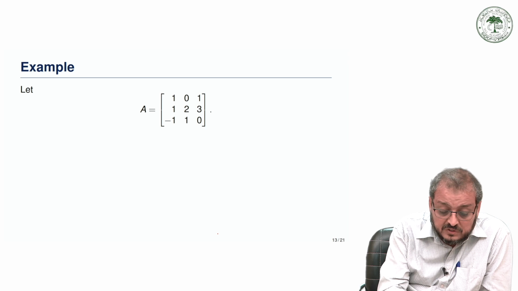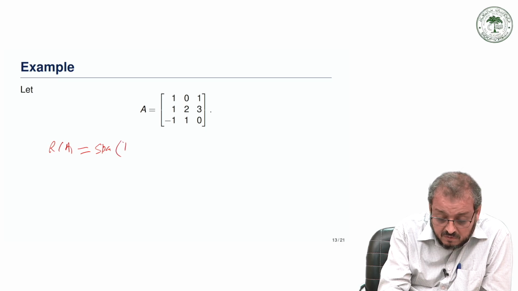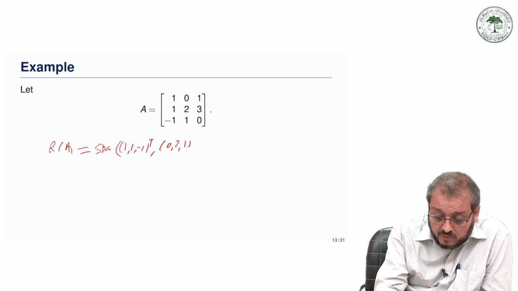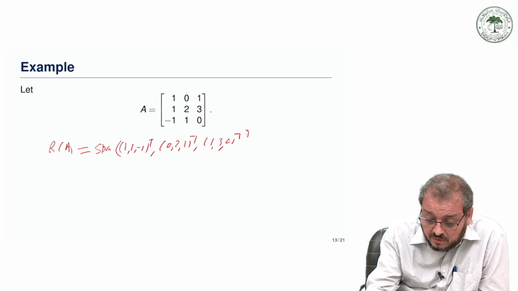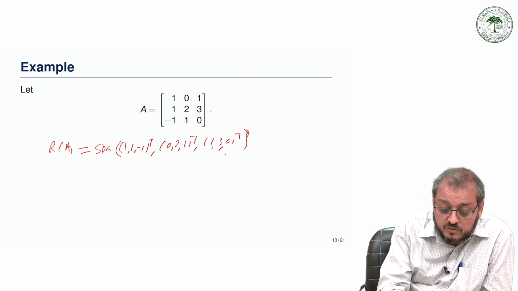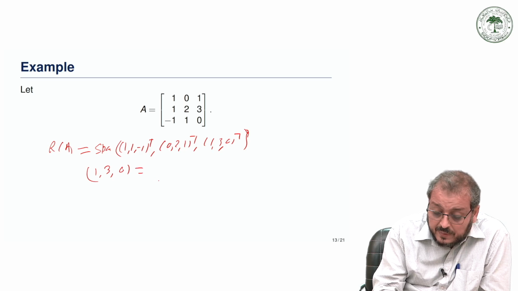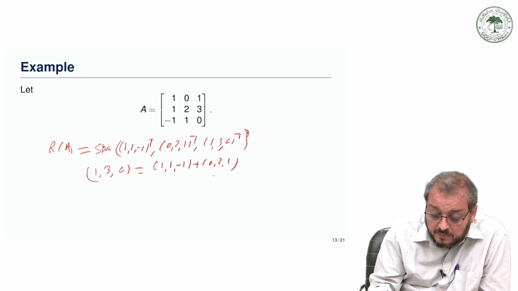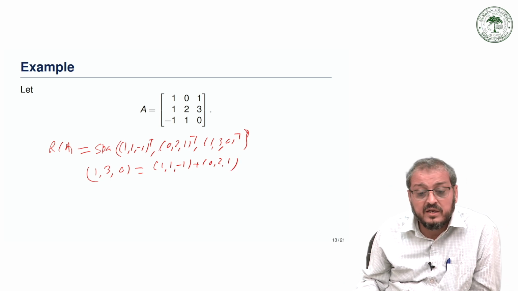First we calculate the range of A. Range of A is the span of 1 1 minus 1 transpose, 2 1 1 transpose, 1 3 0 transpose. Now check: 1 3 0 can be written as 1 1 minus 1 plus 0 2 1, since 1 plus 1 gives 2 and 2 plus 1 gives 3. So the three vectors are not linearly independent.